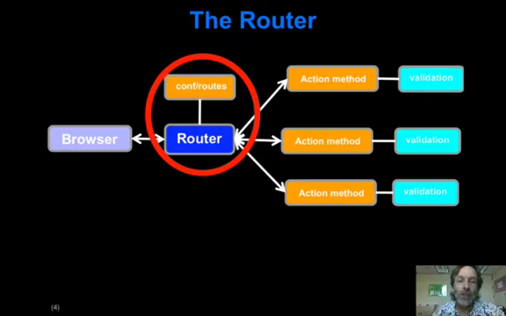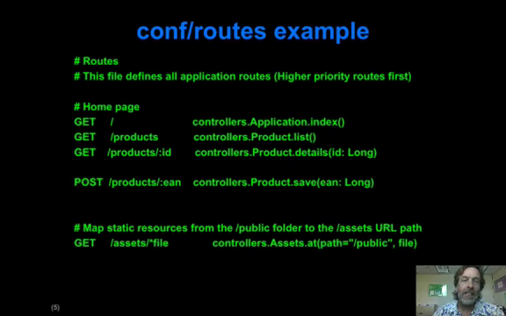Okay, so first let's focus on this component called the router and figure out how that works. Basically, you don't really need to look at the router code at all. All of the routing configuration is combined within a single file in the conf directory called routes, and this looks like your basic text file. If you're familiar with Ruby on Rails or other frameworks, you've probably seen this before, and it's pretty easy.